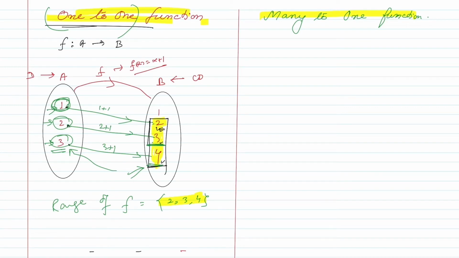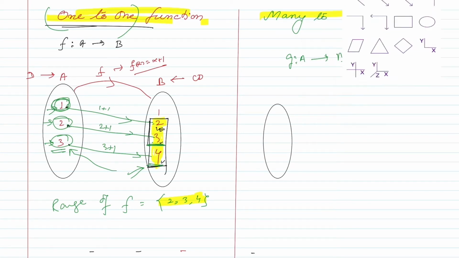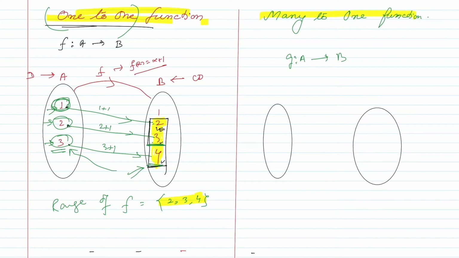Suppose we have another function, suppose g, from set A to set B. So let me draw one more mapping here for this function. This is suppose set A and this is suppose set B, and g is such a function.